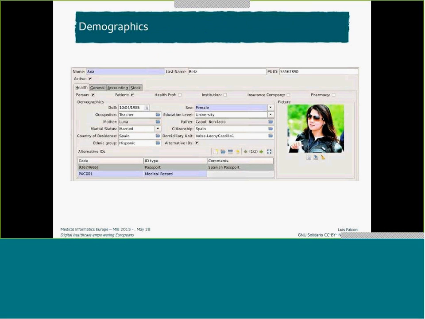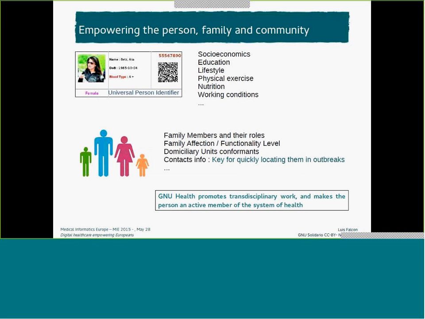That the system allows you is to give you a card. These cards are being used in different countries today. I saw it in Argentina, and now when I went to Laos, they are also using this type of ID. A QR code where you put patient information.